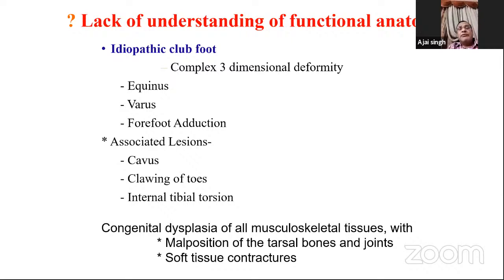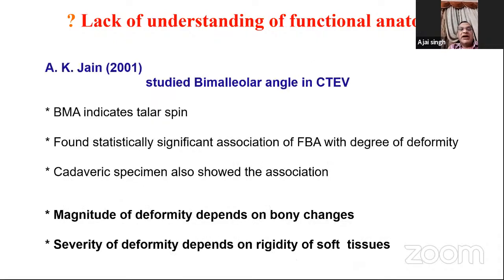We lack understanding as far as the functional anatomy is concerned, because congenital dysplasia of all musculoskeletal tissues is present, with malposition of the tarsal bones and joints, including soft tissue contracture. The main three deformities are equinus, varus, and forefoot adduction, and associated are the cavus, clawing, and tibial anteversion.